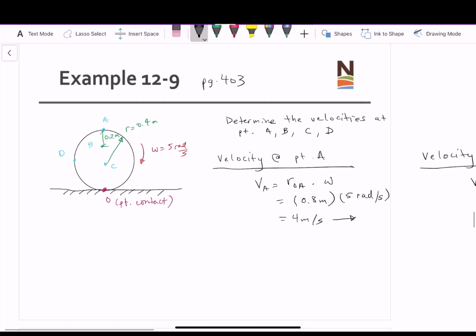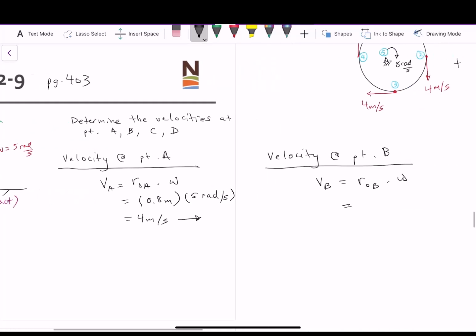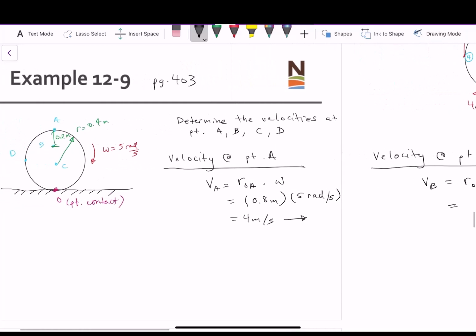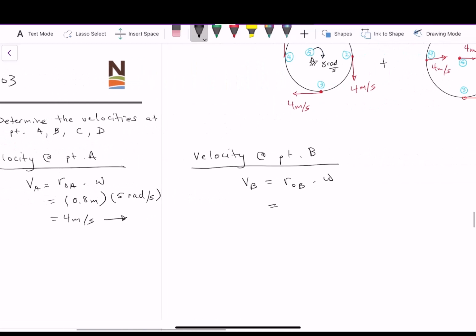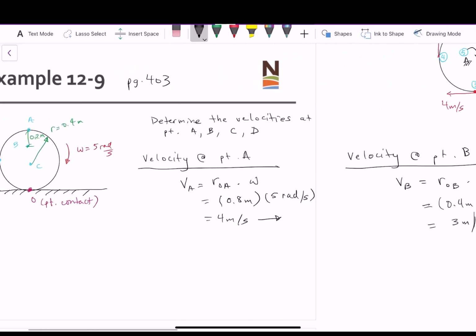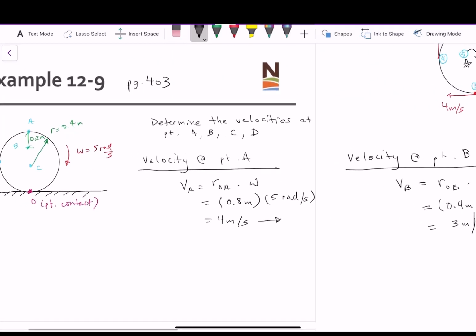B would be 0.4 plus 0.2 meters, since we're going from O to C, which is 0.4, and then another 0.2 meters from C to B. So 0.4 meters plus 0.2 meters times 5 rad/s. So VB is equal to 3 meters per second, also to the right, again because it's directly above.